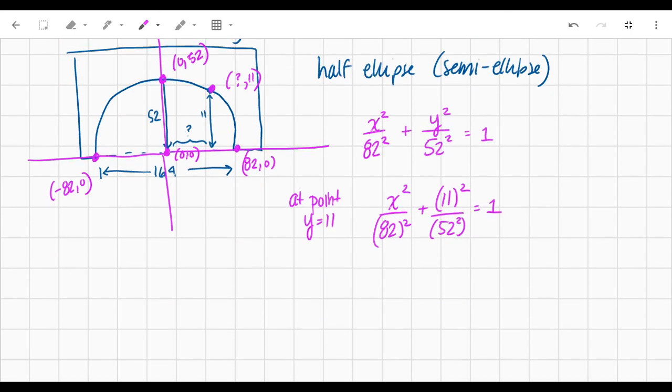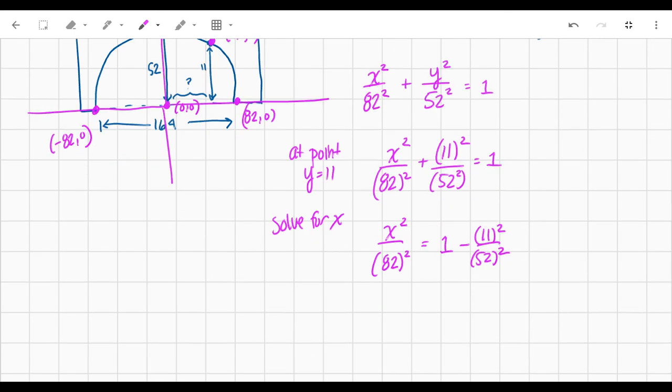So we need to solve for x. And we're not going to type anything into our calculator until we're farther along here. So x squared over 82 squared would equal 1 minus 11 squared over 52 squared. That'll get the 11 over 52 part to the other side.